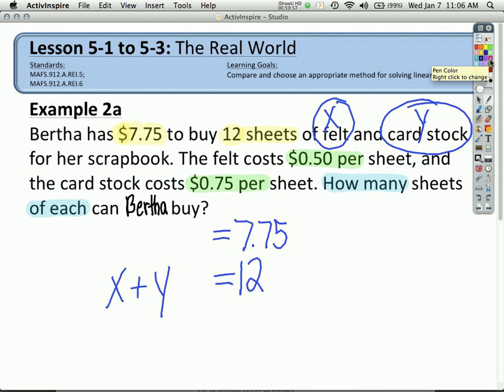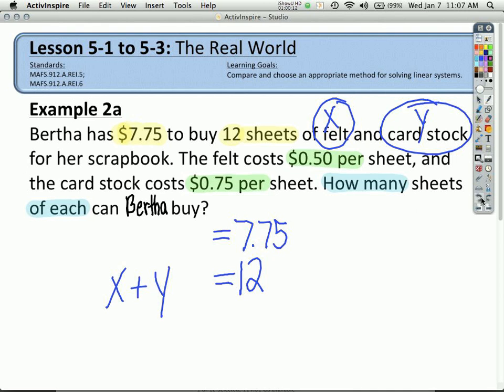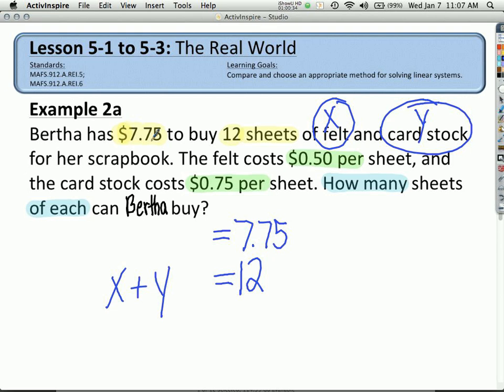And here's where understanding that this is money, and you don't write that in an equation. I'm just putting it there quickly. Understanding that that's money will help you figure out the rest of that equation. Anyone know that whole equation? Got a few people who know it? Go ahead, Laurel. Okay, you've got the right idea, but does felt cost $7.75 each?